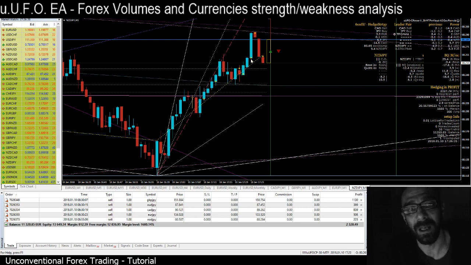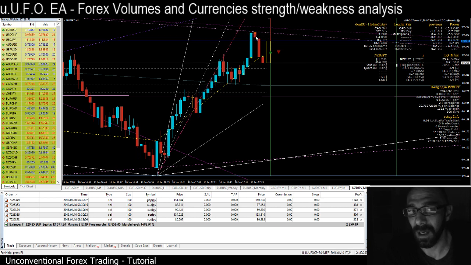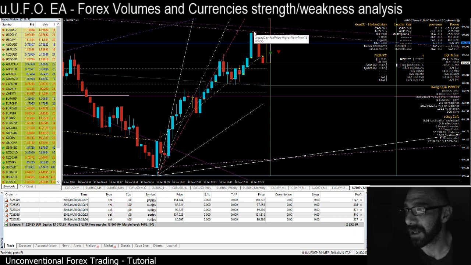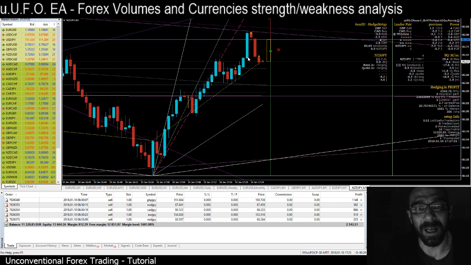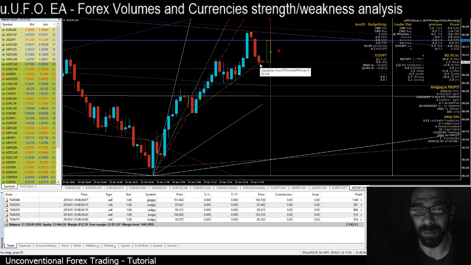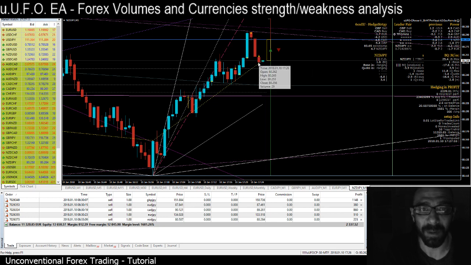Therefore, we see that there was a very high volume here that pushed the price up, but then at this level of support resistance of the short term, there was another volume activity that pulled the price down, and again around this level there was another volume activity that pushed the price down even more.